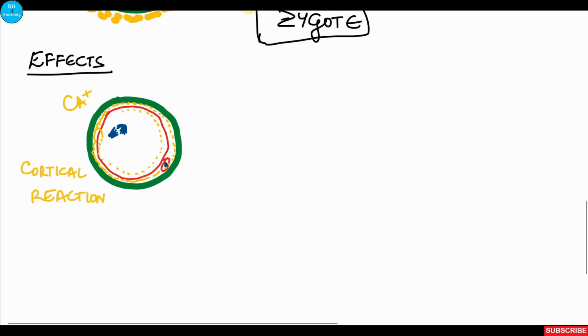This is called the cortical reaction. This forms a barrier which prevents the entry of other sperms, or in other words, it prevents polyspermy. So this is one of the effects of fertilization.